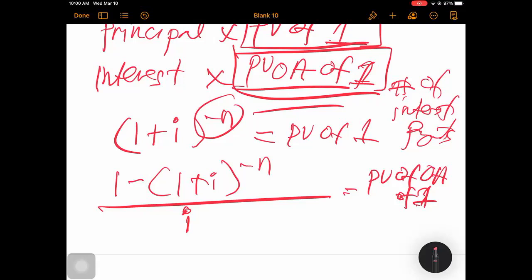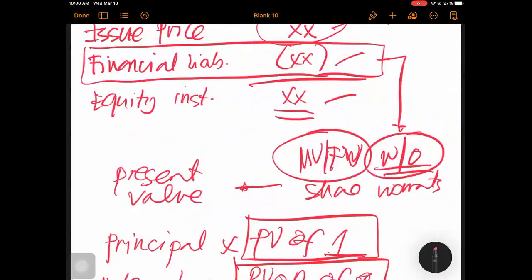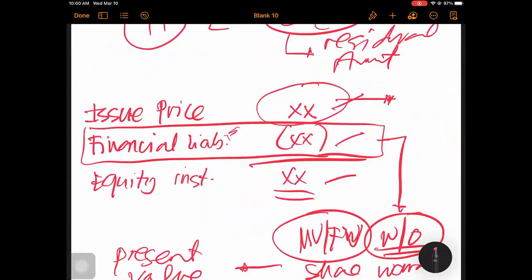Especially if naka-semi-annual, let's say 5 years, so since semi-annual, 10 in n. The same time, your effective interest rate, you need to adjust because normally, the effective interest rate given in the problem is annual rate. So this is how we compute the financial liability component if dili given ang market value or fair value without the share warrants option.